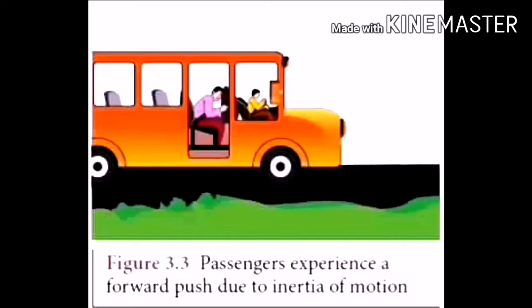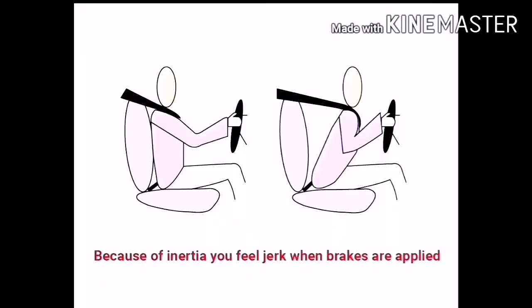Students, suppose that you are sitting in the bus, okay, and the bus starts moving, and what happens when the driver suddenly applies the brake? Then passengers tend to move in the forward direction. You will see that the front portion of your body goes forward.